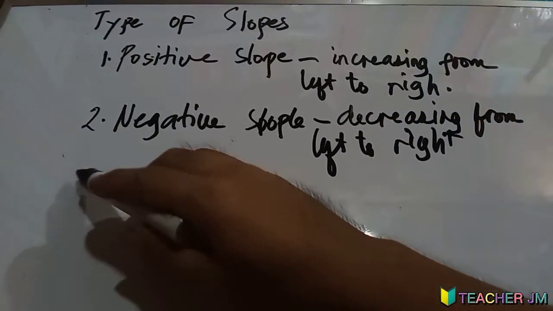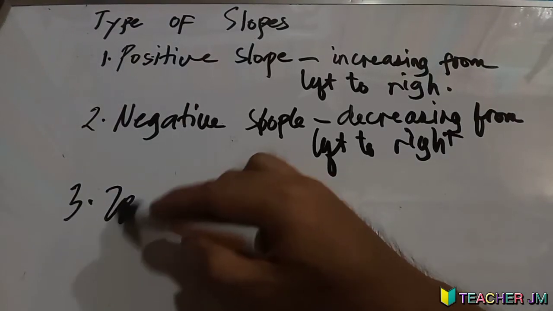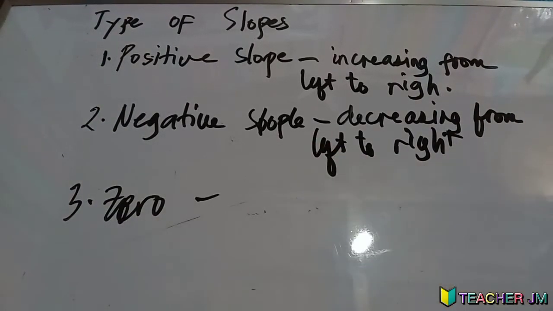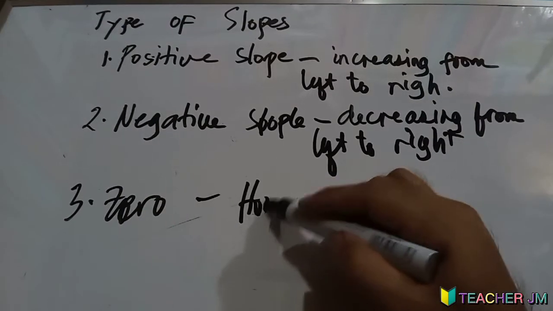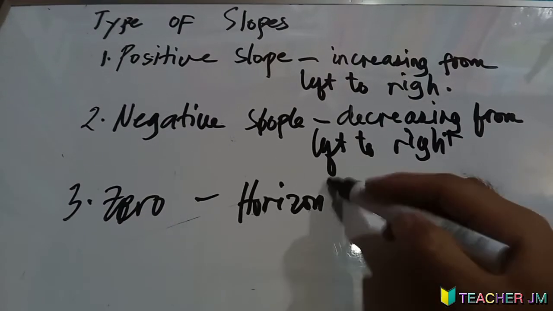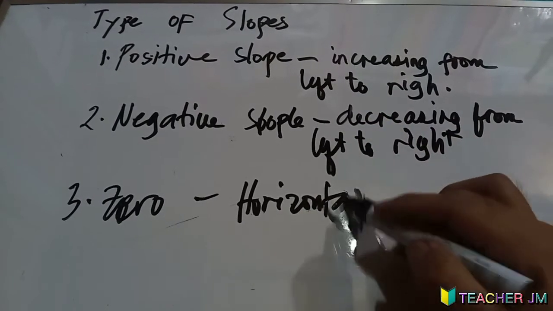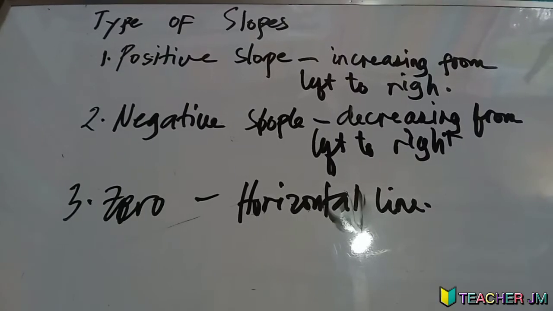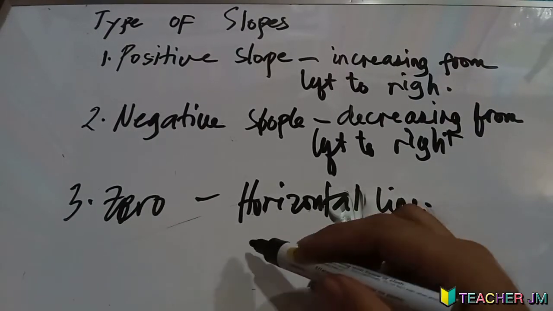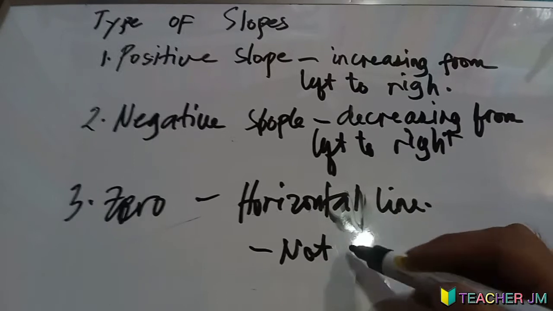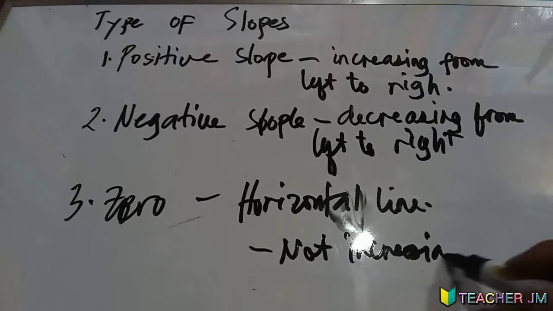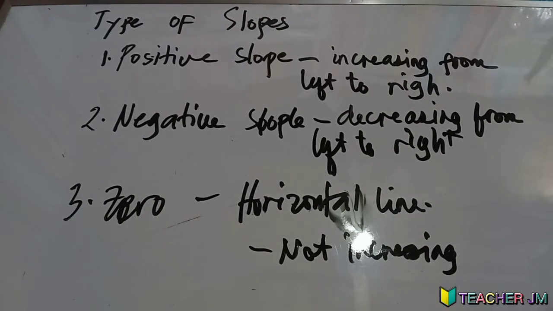Pangatlo, meron tayong tinatawag na zero slope. Ang zero slope, ito ay mga horizontal line. Pero, hindi siya nag-increase or decreasing.